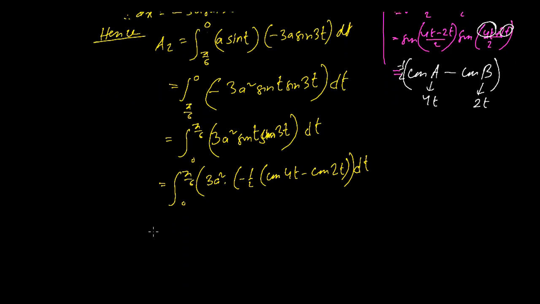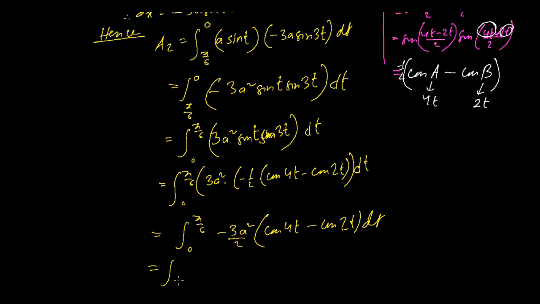By simplifying it further, we get 0 to pi by 6 minus 3a square by 2, cos 4t minus cos 2t dt. Now we can one more time switch this to pi by 6 to 0, and this would become positive again. This comes in handy. Cos 4t minus cos 2t dt.